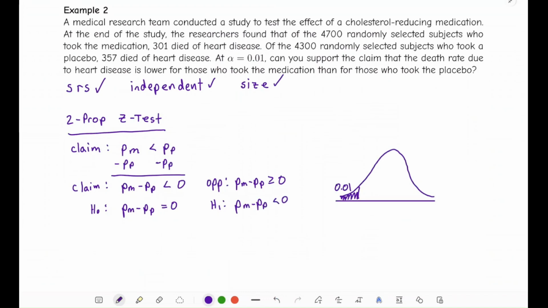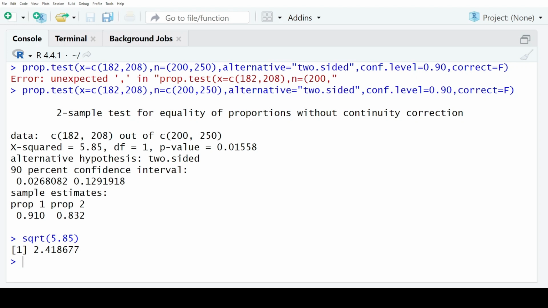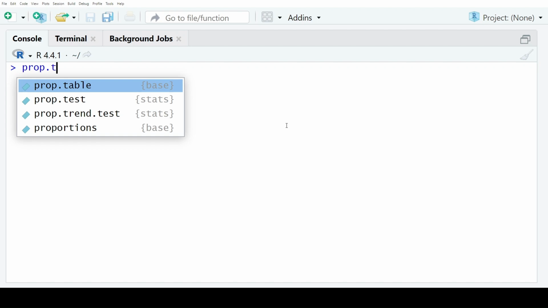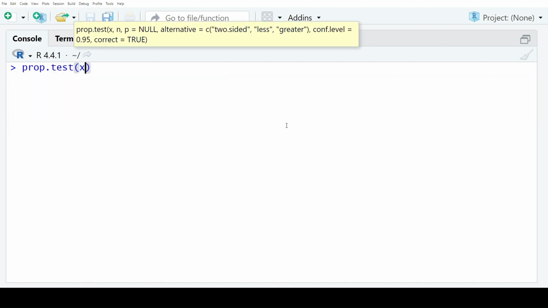So I'm going to go over to R. Let me just erase this. Okay, so prop dot test X equals, and I need the medication first, so 301. Don't forget the C. So 301, and then 357, and then N equals, again, medication first, so 4,700, 4,300.